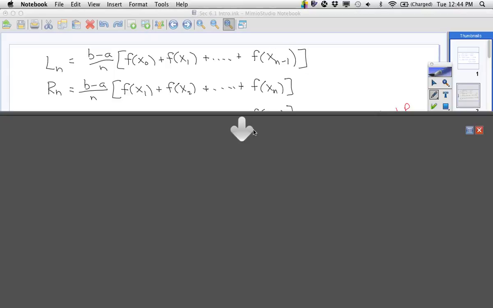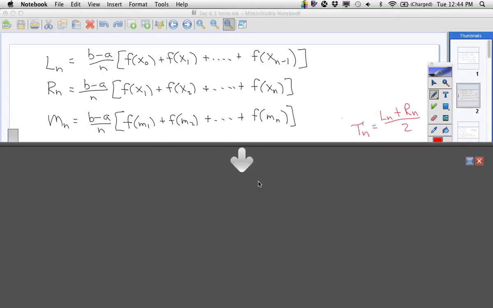So there's a left rectangle, a right rectangle, and then a midpoint, we do the same thing, right? First midpoint, second midpoint, third midpoint, they all have the same width. We just factor out the width, b minus a over n, then f of m1, f of m2.